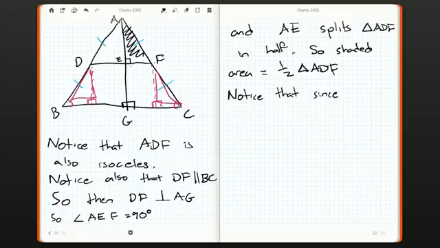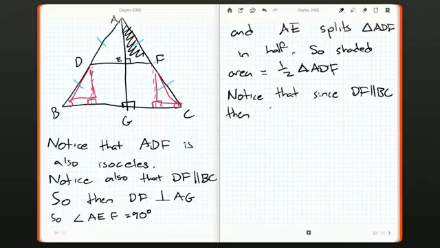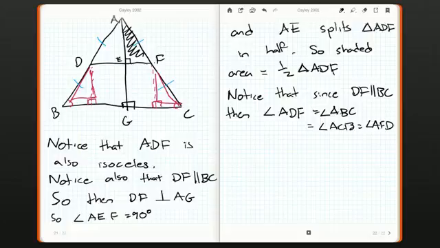What do we want? I want a congruency here. No, not congruency. I want similarity. So notice that since DF is parallel to BC, then angle ADF is equal to angle ABC. But we know that that's also equal to ACB, which is equal to AFD, which makes sense because we already noted that they were isosceles.